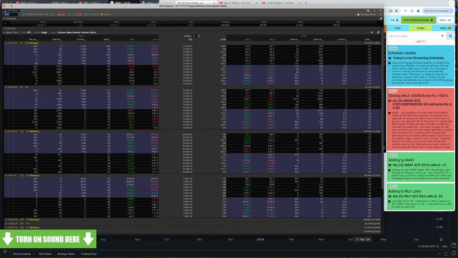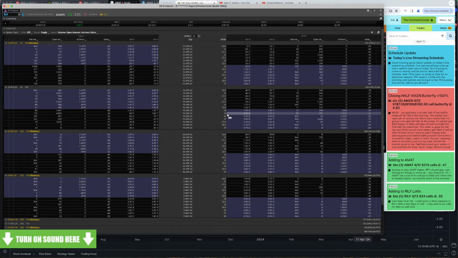So he must have had 4/12s prior. So you see this ad here on the side, bought 3 AMAT at 4/12 415s. Okay, so he also has a secondary position expiring tomorrow. That's more of a lotto. So you'll see Riley here, lottos. So if we go to Riley, he bought 5 Rileys.